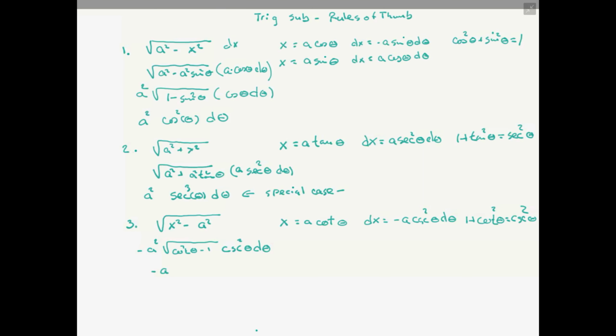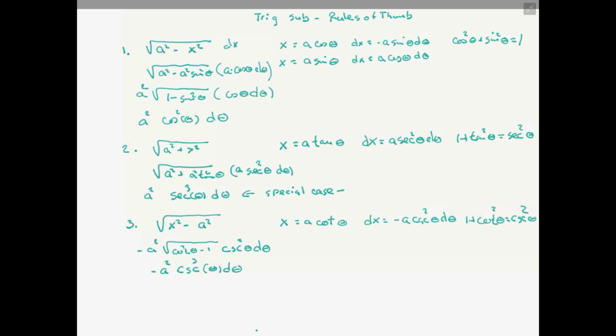So we have cosecant to the third theta d theta, and that would be analogous to, it's just a special case of number 2.